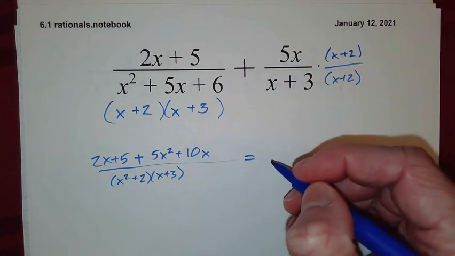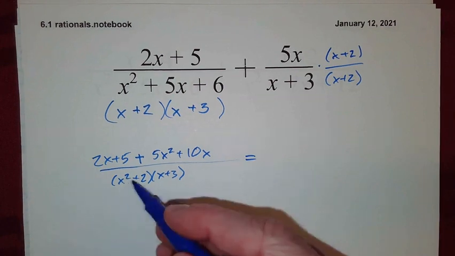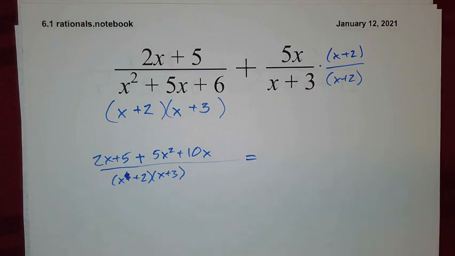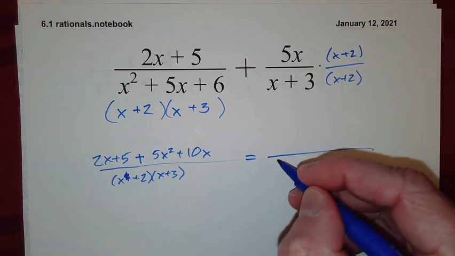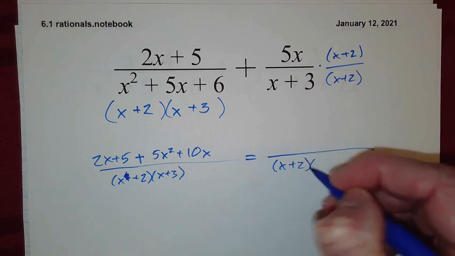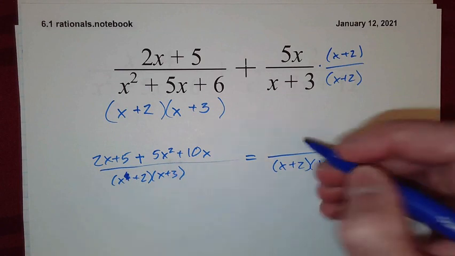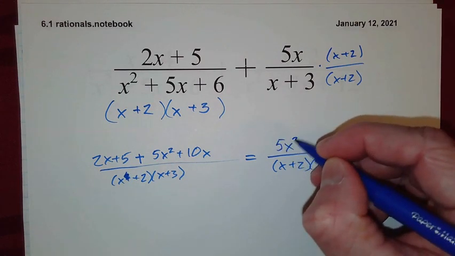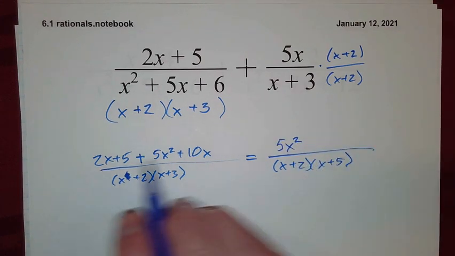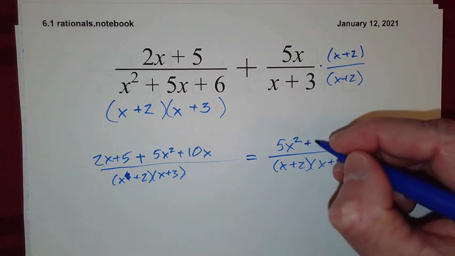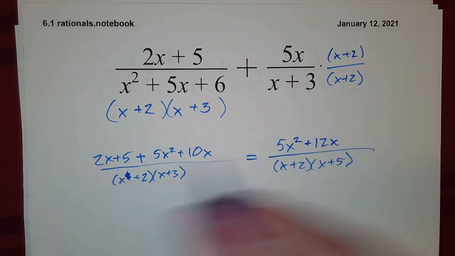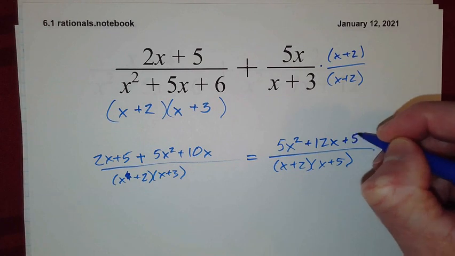And then finally, let's combine like terms. Ooh, sorry about that. That should just be x plus 2 over there. We'll have x plus 2 times x plus 5. And let's see, combining like terms, I've got a 5x squared. It's my only x squared term. 2x plus 10x to get 12x and plus 5.